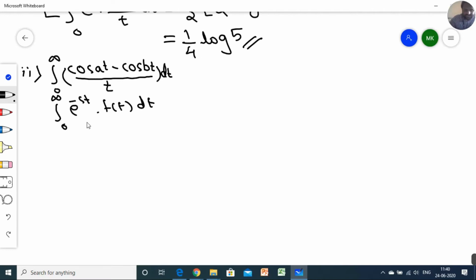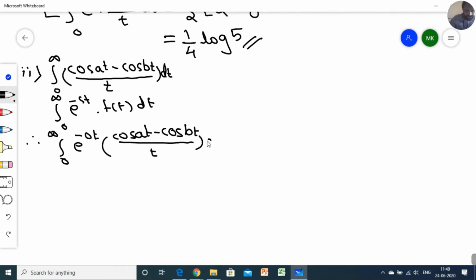So I'm just writing here, so you will understand in future, integral 0 to infinity e raised to minus st, that minus belongs to t, not s, because s is kept as it is, (cos at minus cos bt) divided by t into dt.